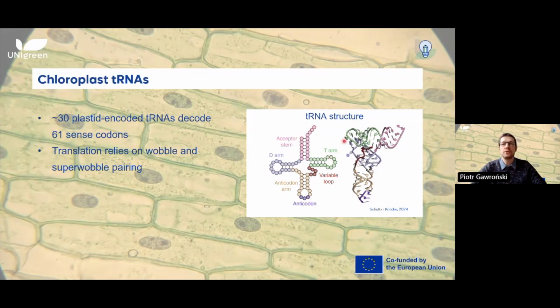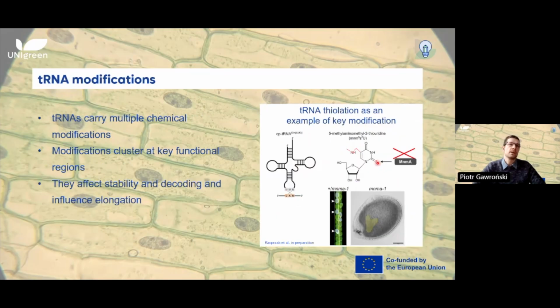The tertiary structure of the tRNA resembles the letter L, and the structure fits well to the ribosome. tRNAs carry multiple post-transcriptional chemical modifications at the nucleotides, including methylations, thiolations, isomerizations, and other complex modifications.